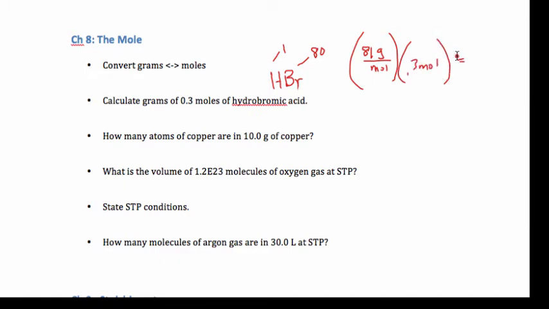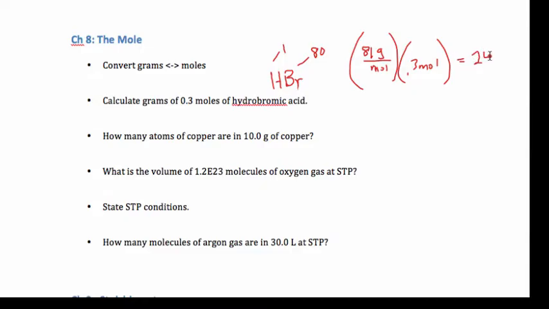So if you take 81 times 0.3, you'll get 24 grams of HBr.